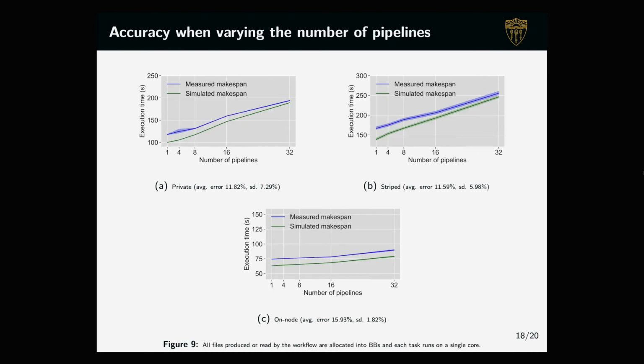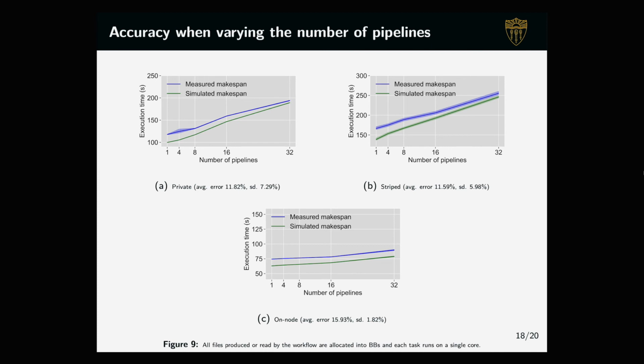The second result is the accuracy when varying the number of pipelines in parallel. These results are interesting because they show if our simulator takes into account the potential contention at scale. We can see that it does, because the trends are very good, they are very close.